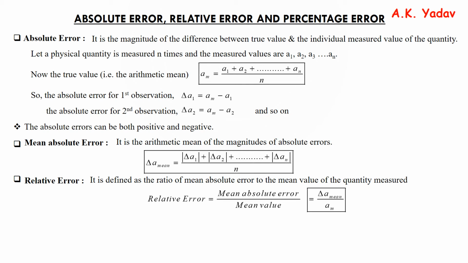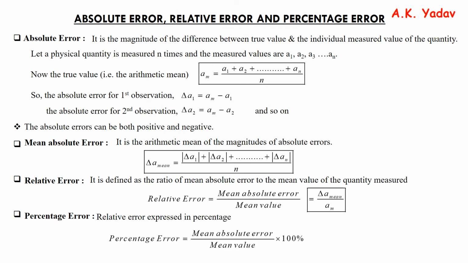That is mean absolute error, delta a mean, divided by a_m. Percentage error is relative error expressed in percentage. So this is mean absolute error by mean value into 100%, or delta a mean divided by a_m into 100.